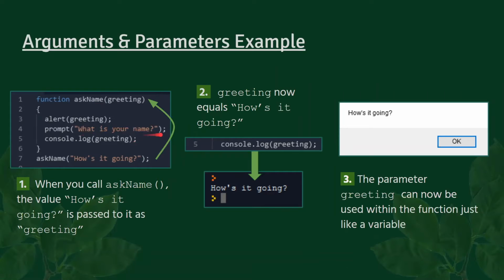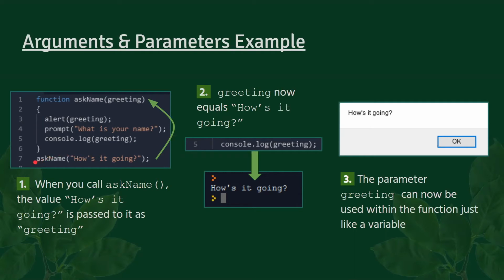What is your name is a different variable, but greeting gets inserted here because when you put how's it going, it gets established as the greeting. So it gets inserted in. That's what that means. I'm sorry, I made such a big error. I've been coding in different languages. I have made a mistake.